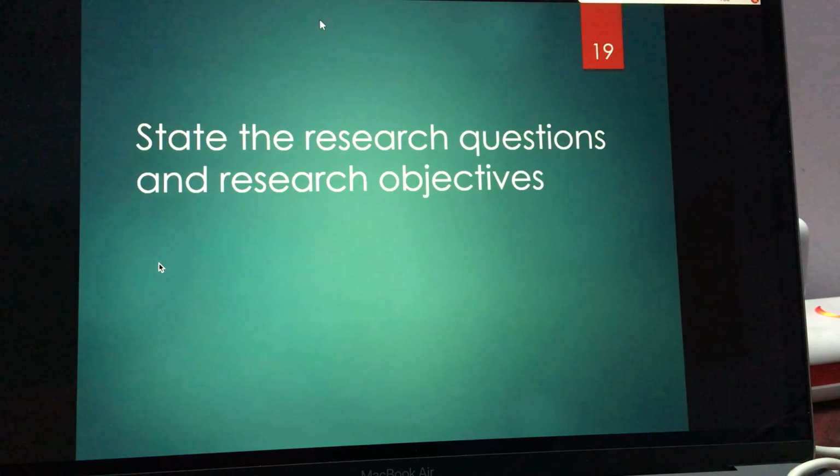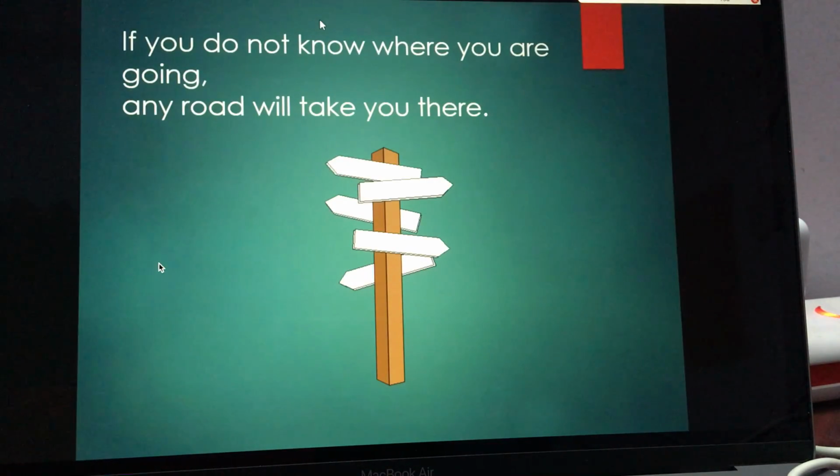Okay. Now you have to state the research questions and the research objectives. A research question is in question form. When I say, what is the current level of awareness, that's a research question.